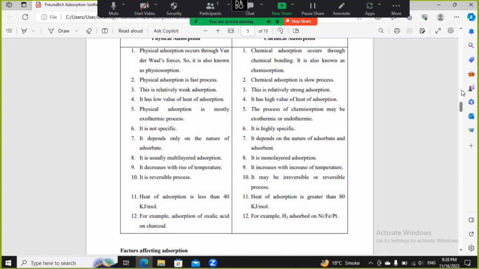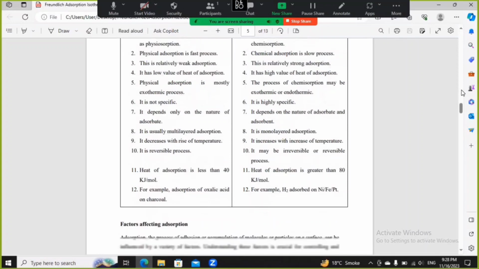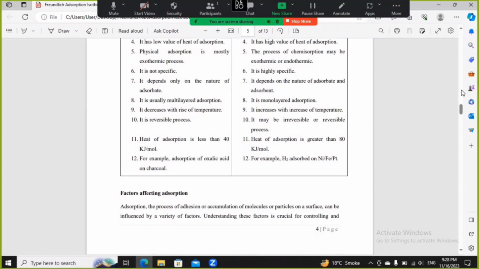Physical adsorption has heat of adsorption less than 40 kJ per mole, while chemical adsorption has heat of adsorption greater than 80 kJ per mole. Examples of physical adsorption include adsorption of oxalic acid on charcoal, and the example of chemical adsorption is hydrogen adsorbed on nickel, iron, and platinum surface.